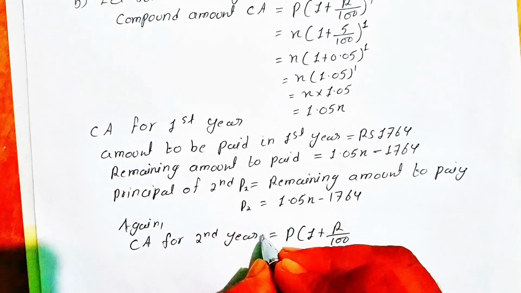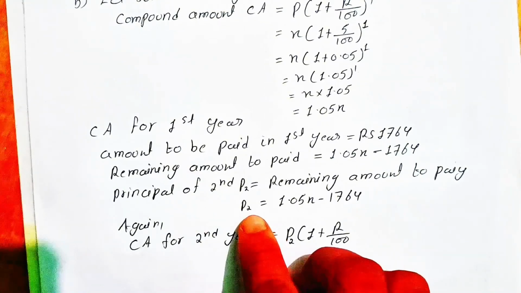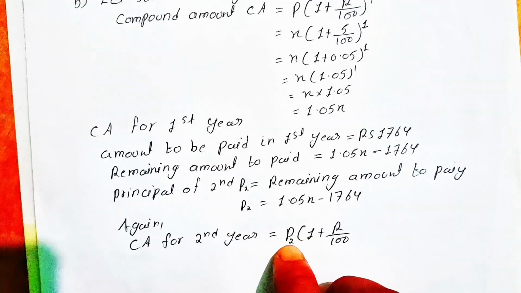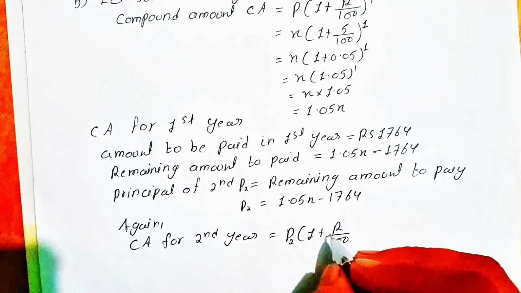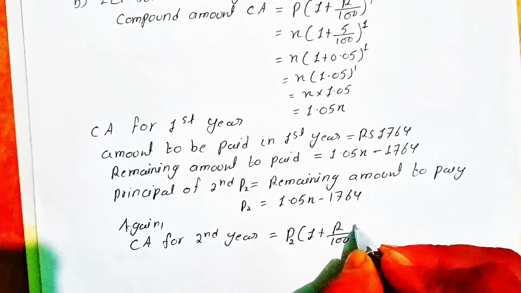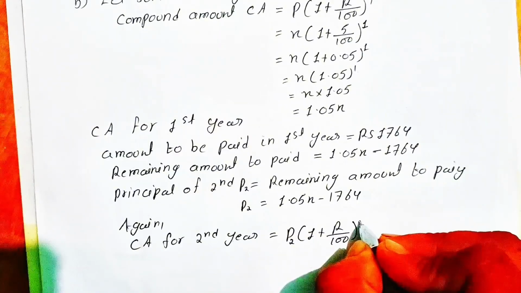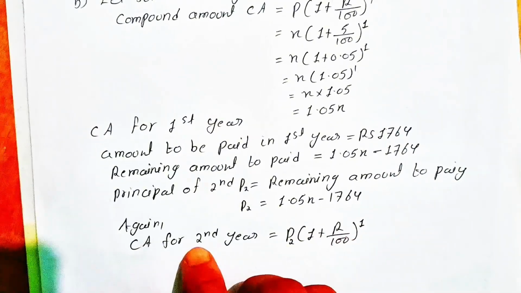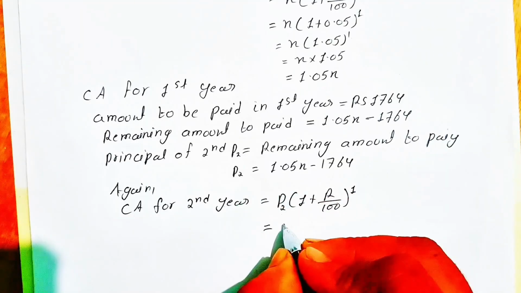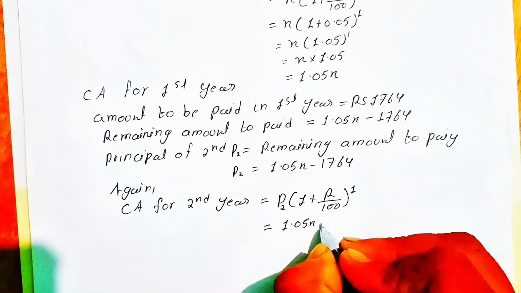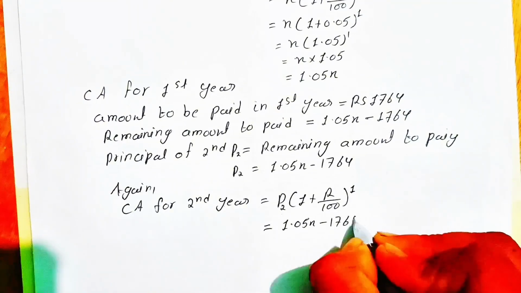The remaining amount of the first year behaves as the principal of the second year, P2, and the factor is 1 plus R by 100 to the power of time, which is 1 year because it is the second year, not 2 years. The principal of the second year is 1.05x minus 1764.